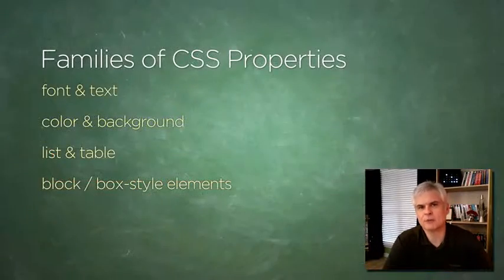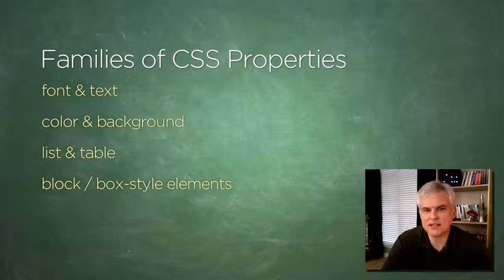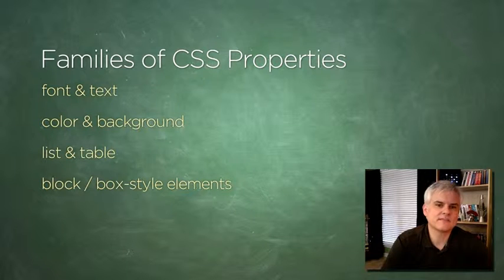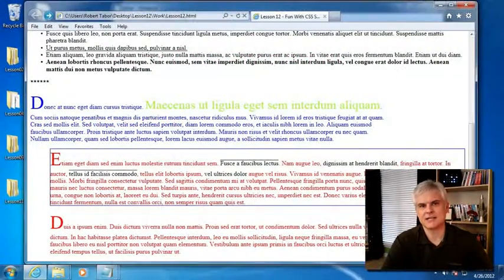We'll talk about properties that affect the font and the text, properties that affect color and background, properties that affect lists and tables specifically, and then properties that affect block or box style HTML5 elements, and we'll talk more about what those are when we get to that point.